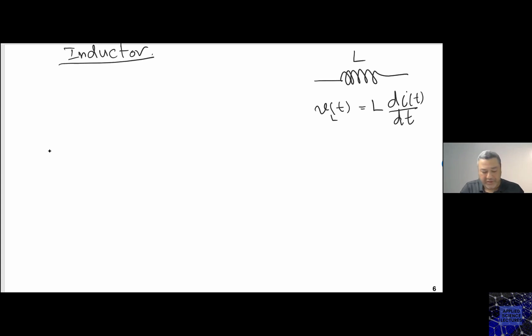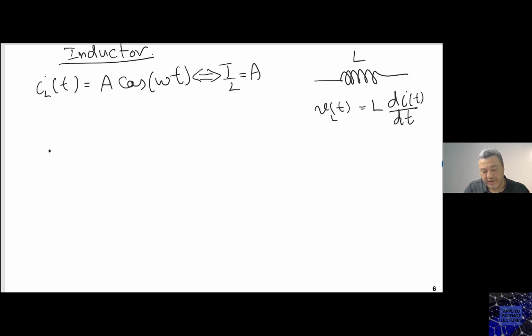Now, if we take the current as IL(t) to be A cosine omega t, then the phasor representation would be IL equals A at 0 degrees, right?